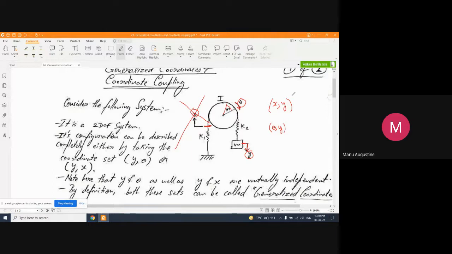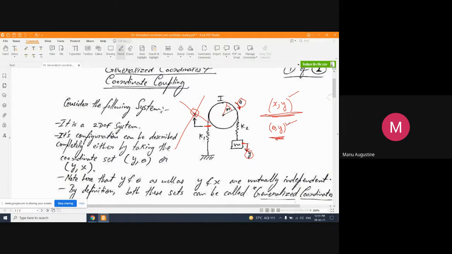So the first person who did not like rotary variables gave you this set of coordinates. The second person who has no issues with rotary coordinates gave you this set of coordinates. Both the sets are mutually independent when you view it from within. From inside this set, you have got x and y, which are mutually independent. From inside this set, theta and y are mutually independent.